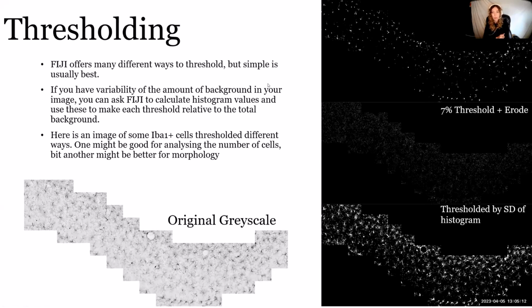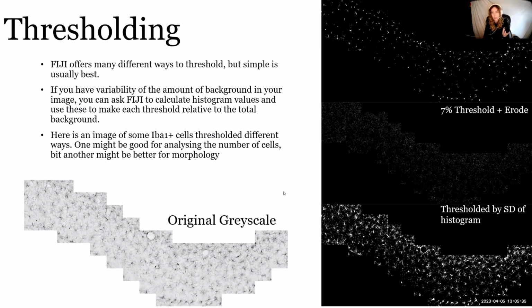Fiji offers a lot of different ways to threshold. Simple is usually best. If you have variability in the amount of background in your image, you can ask Fiji to calculate your histogram values, and you use these to make a threshold relative to your total background. On this slide, I have some examples: my original grayscale image, also some microglia, and what it looks like if you threshold it different ways.